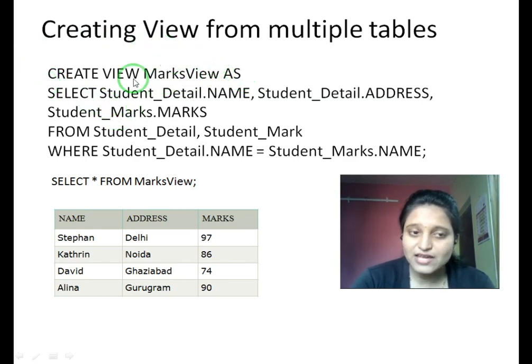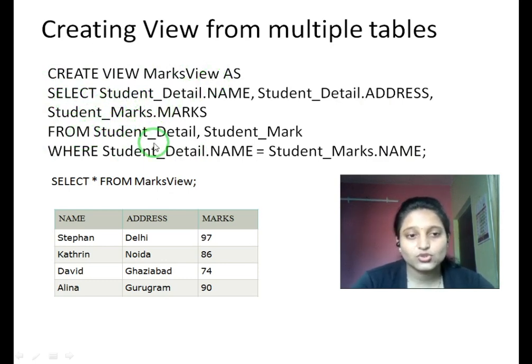Now in my view, which information do I want this query to execute? See here, I use two tables. After the FROM keyword there are table names, student_detail and student_mark. Using these two tables, I retrieve the information. Which information? I only want the name from student_detail.